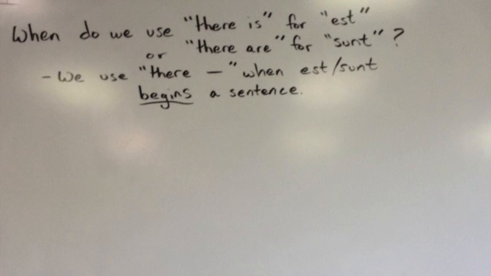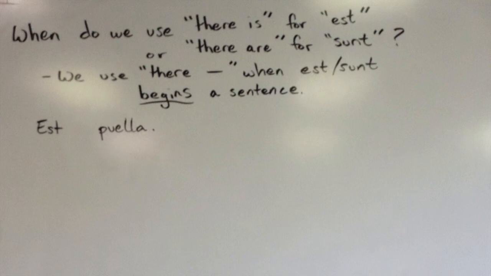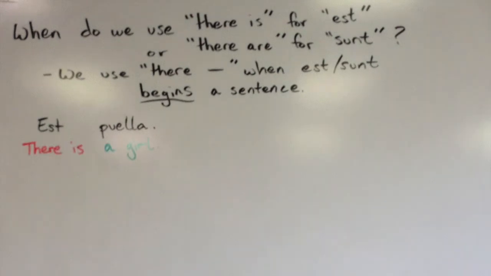For an example sentence, let's look at est puella. In this sentence, since est starts the sentence, we are going to have to translate it as there is. Then, the word puella would simply be a girl. There is a girl. Notice we have to add a because otherwise there is girl doesn't really sound right.